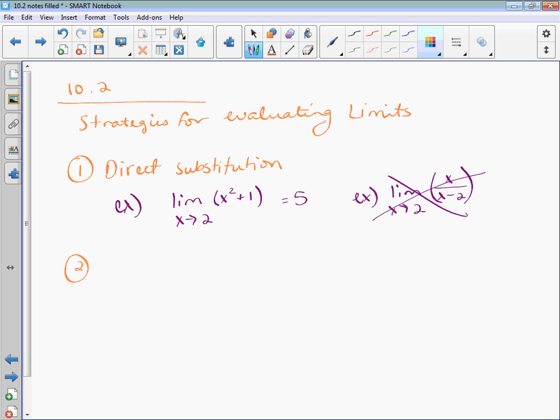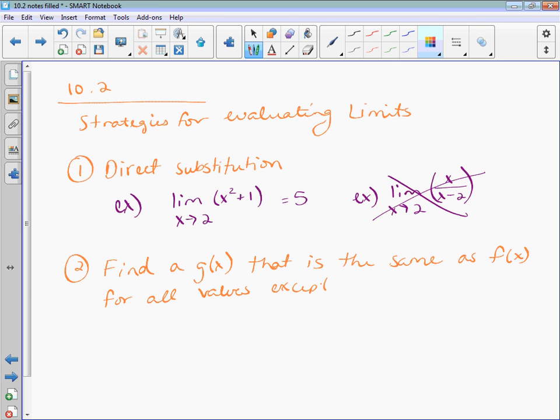Your second strategy, you can find a g of x that is the same as f of x for all values except x equals c.